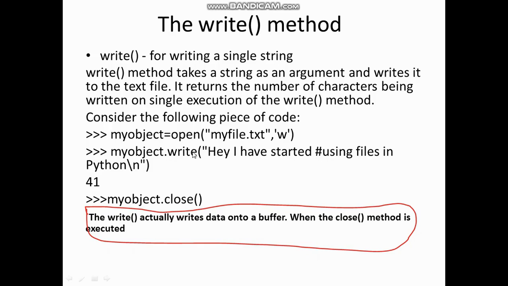This write method returns the number of characters written to the file, that is 41. After that, you have to write the close function, because you have opened the file using the open function, not the with clause. The write method actually writes the data onto the buffer, and it is saved when the close method is executed.